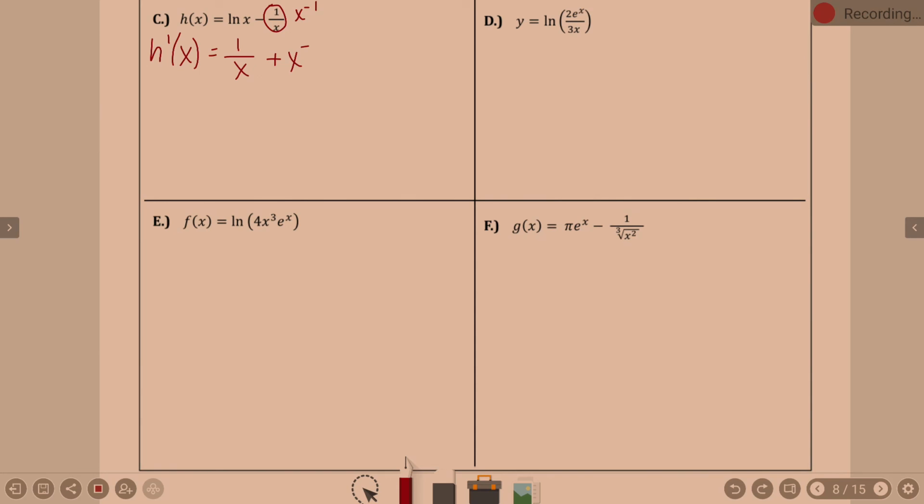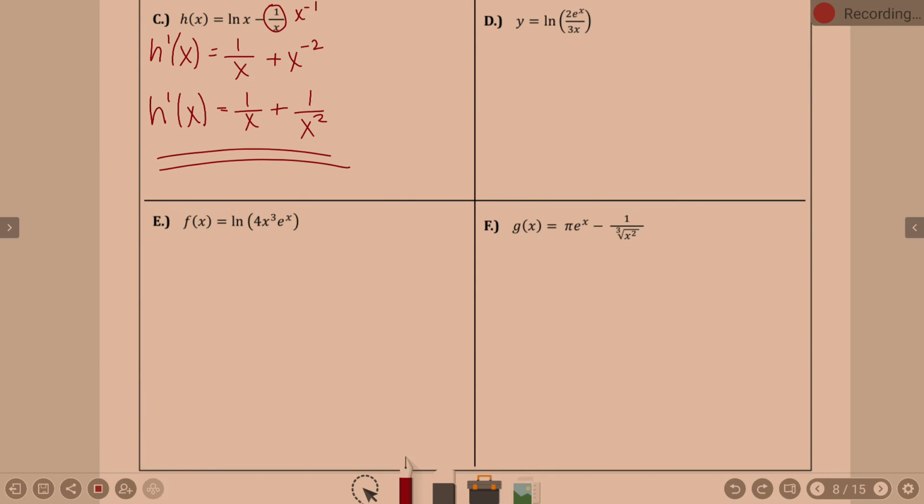So 1 over x is the same as writing x to the negative 1. Then we take the derivative. Move the negative 1. Negative 1 times the negative makes it plus. Subtract 1 from the power. Negative 1 minus 1 is negative 2. So this derivative is plus 1 over x squared. 1 over x squared is where I was trying to get us. It just did not go well.